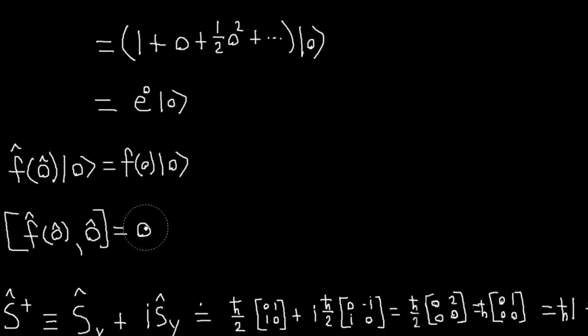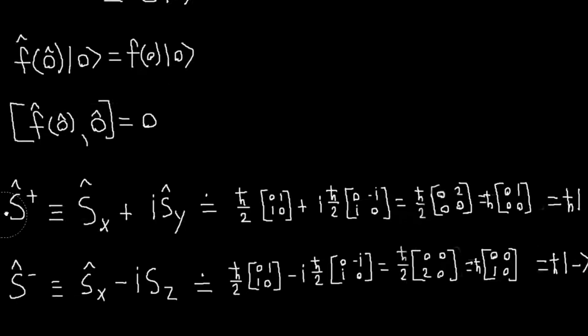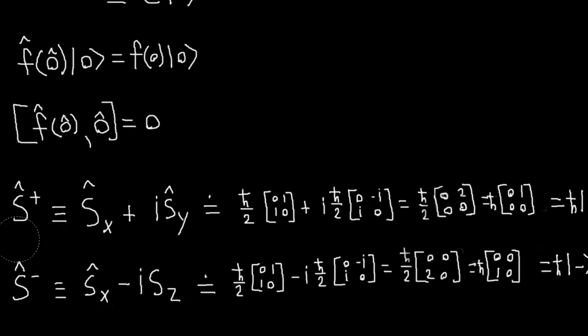The last thing to talk about are called the angular momentum raising and lowering operators. S plus is the raising operator, and S minus is the lowering operator. For the spin 1/2 system, we're not going to talk about them too much. It's kind of a trivial case, but for other systems with higher angular momentum, they will be very important.